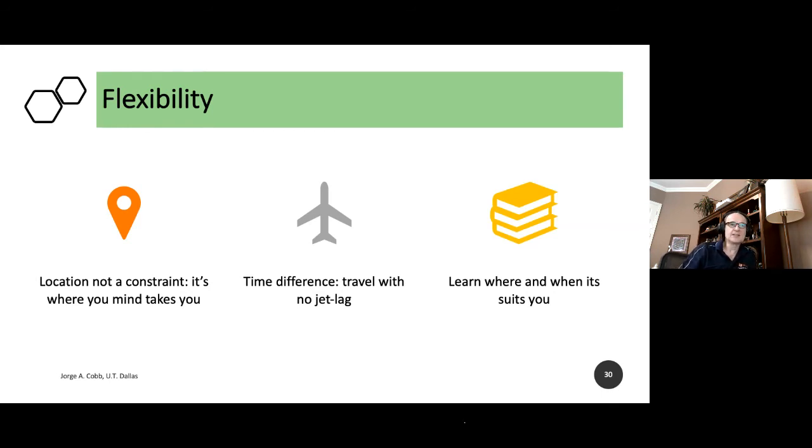And the idea is to allow you to learn where and when it suits you. So to give you that flexibility to be able to attend the classes when it's possible for you, and give you that empowerment to be able to learn when it suits you. Next slide, please.